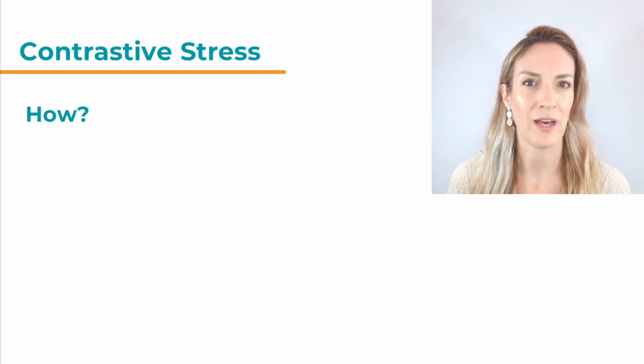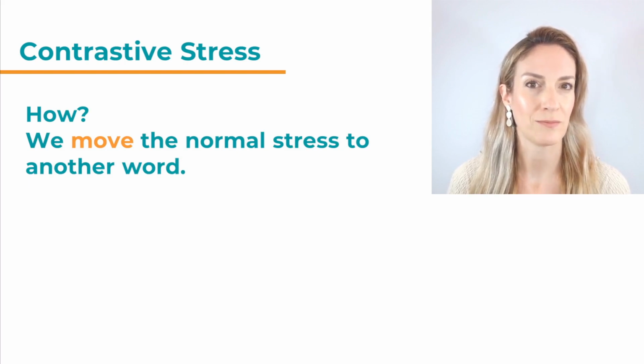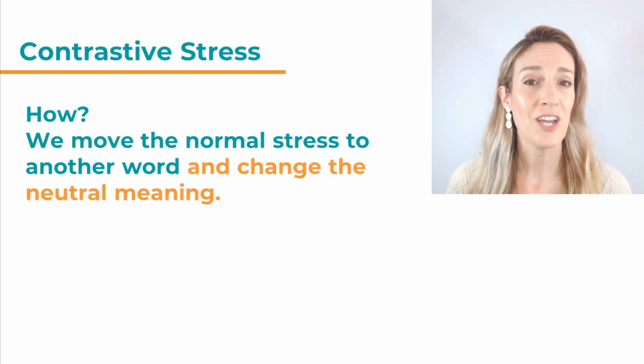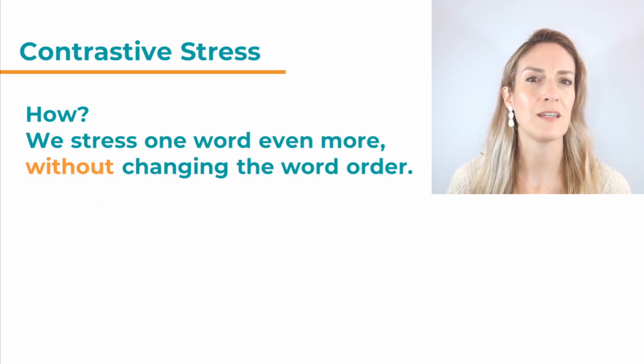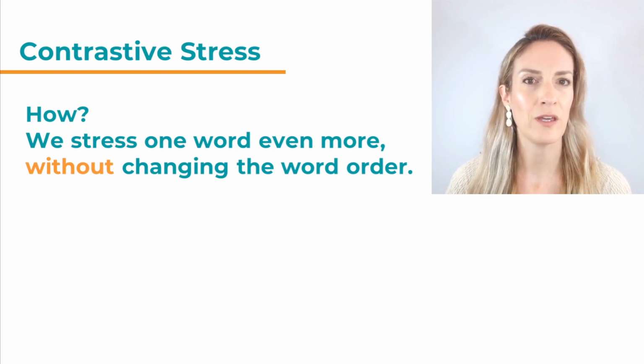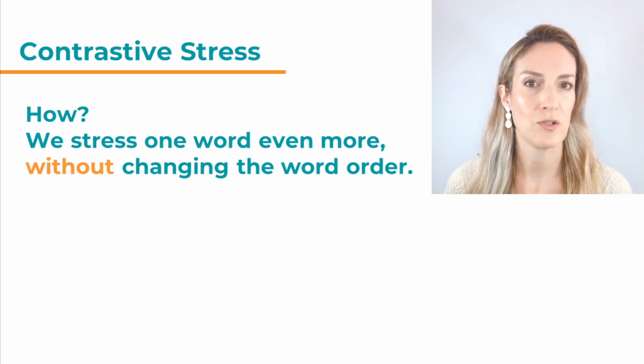How do we do that? We move the normal stress to another word. And we change the neutral meaning to a different meaning. And it's really important to notice here that one word will be stressed even more than all the other words, and we change the meaning, but we do not change the word order.